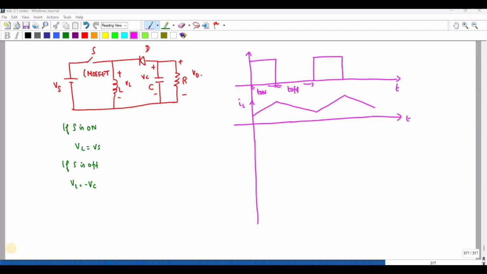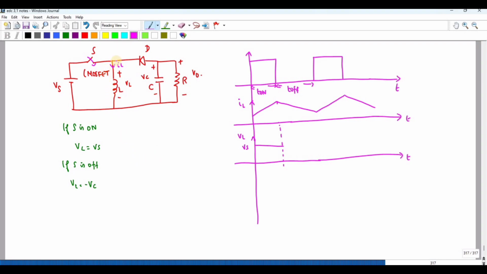When the switch is closed, you will get the IL current. Therefore the voltage across VL is nothing but Vs. So I can draw the voltage across the inductance: VL is Vs when the switch is closed.